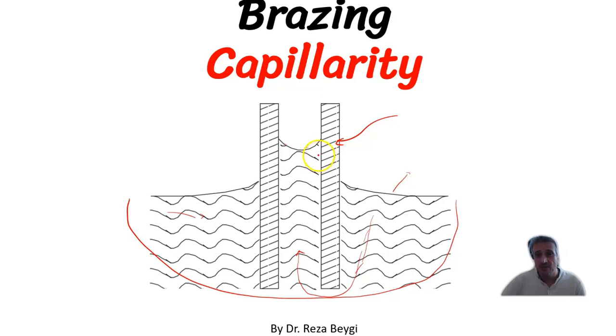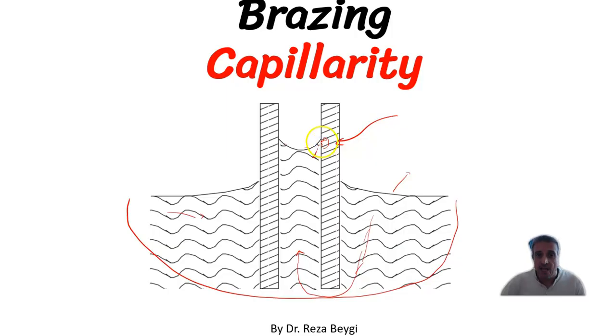It happens because of capillary action, and this capillary action relies on an adhesion force between the liquid that we have and the surface of the solid wall.